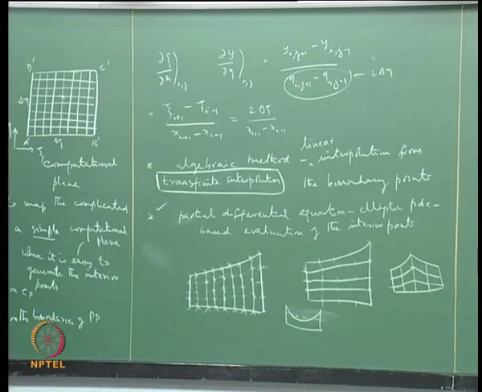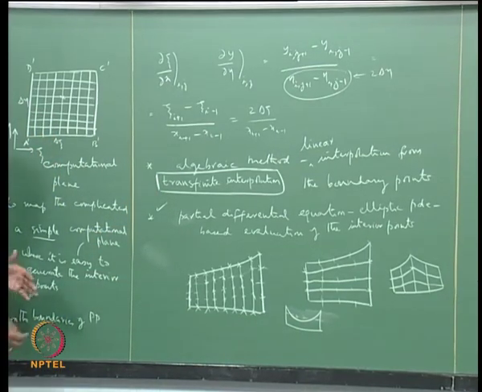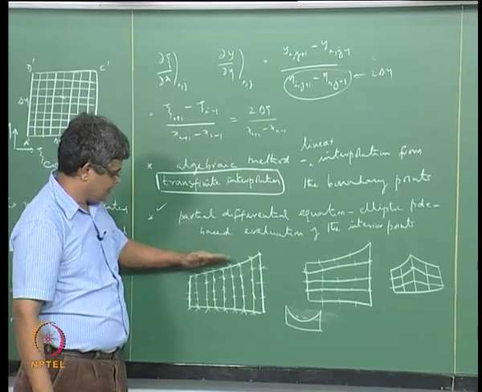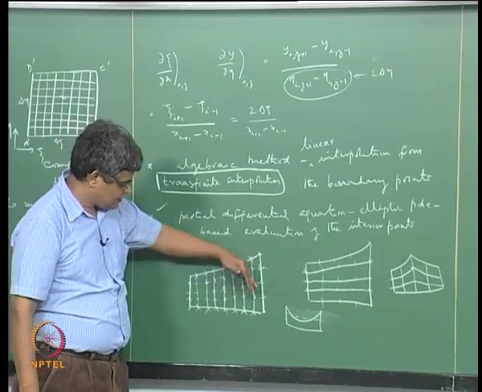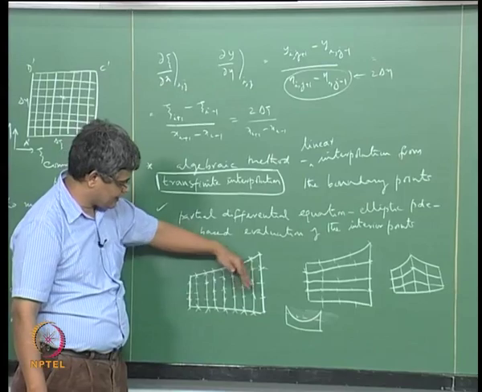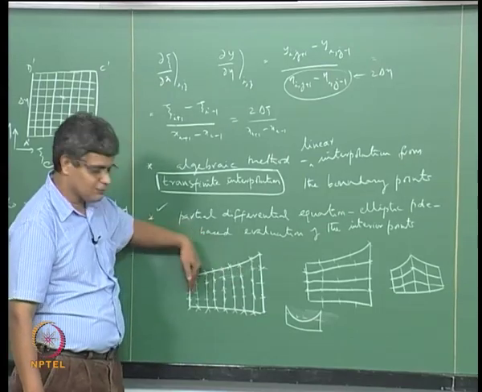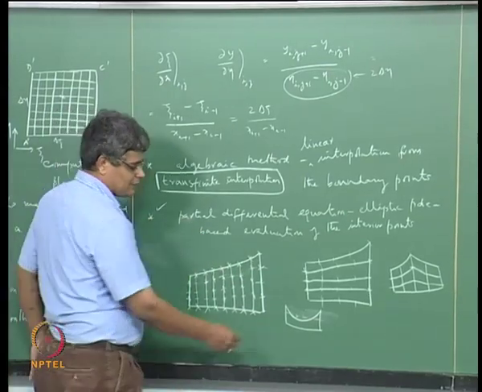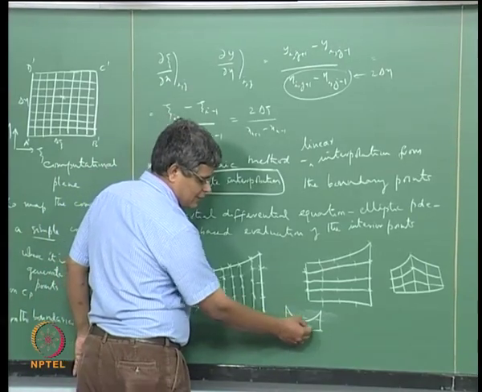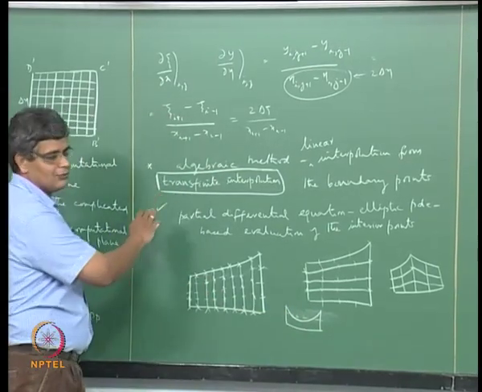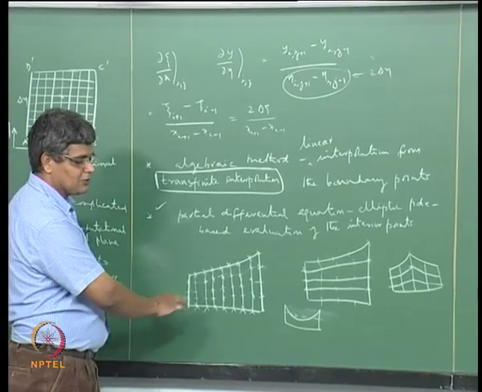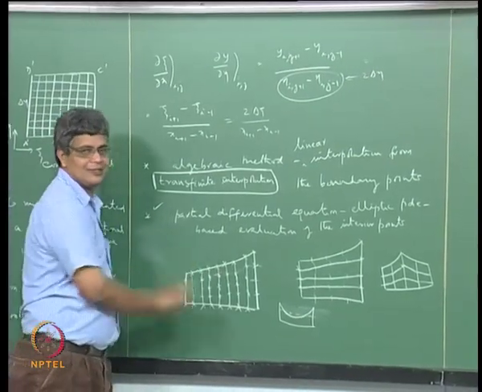Essentially, it is an interpolation which is done in this way, and which also takes corrections based on interpolation from this side, so that we do not ever get points which lie outside the domain. So with transfinite interpolation, it is possible to make sure that all the interior points are on the inside.